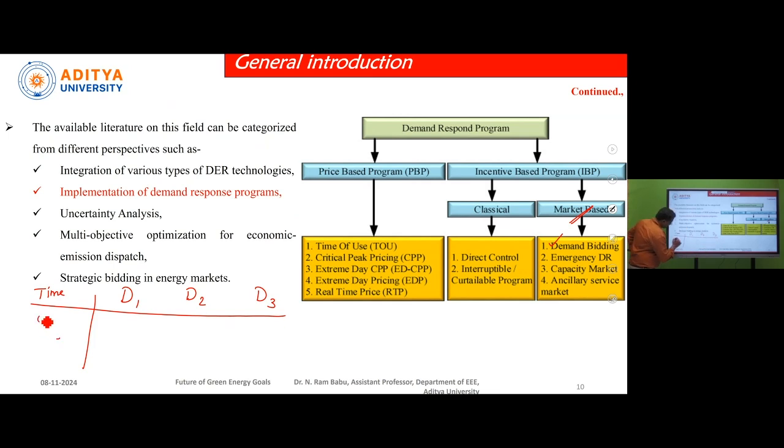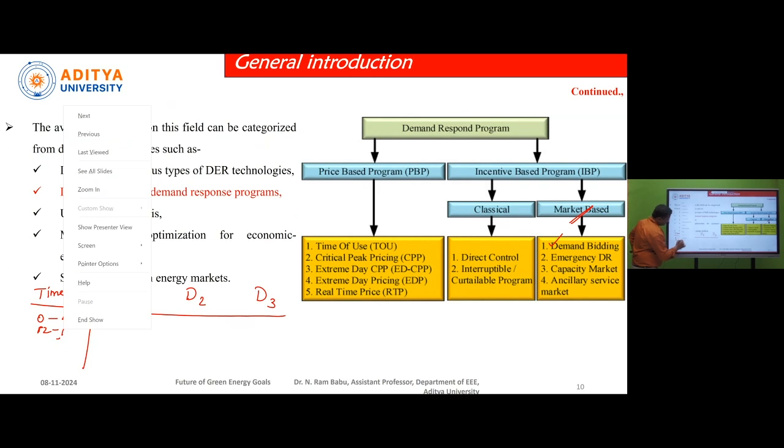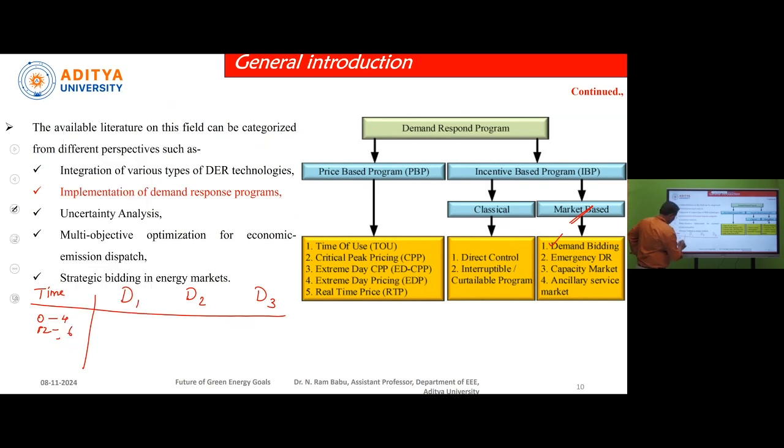Let us take 0 to 4 hours and 12 to 16 hours as off peak, and the remaining hours, 4 to 12 and 16 to 24, as peak hours.